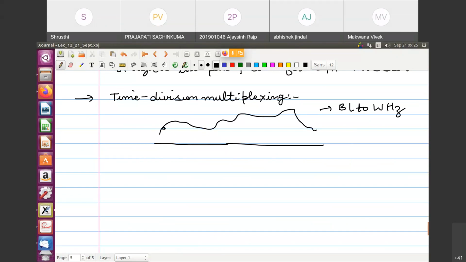So let us say you collect the samples. Uniform sampling we are using. This is the 0th sample, then this is Ts. This is my sampling interval, or time. This is 3Ts and this one.